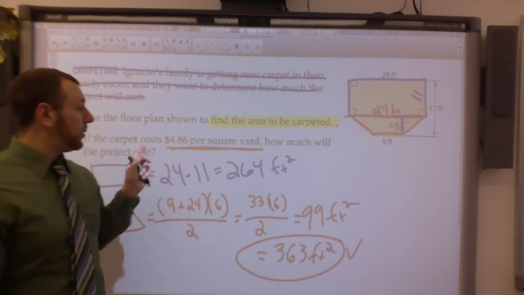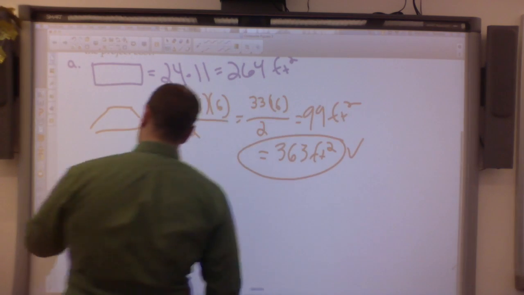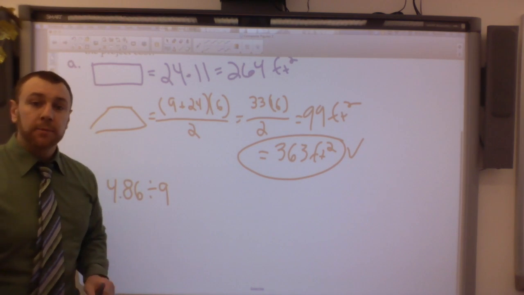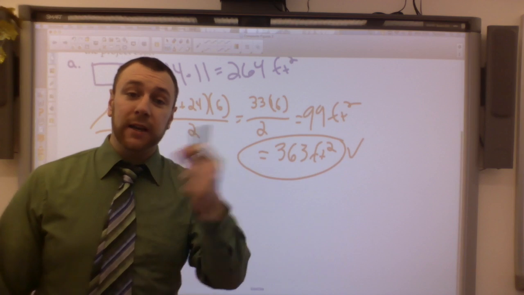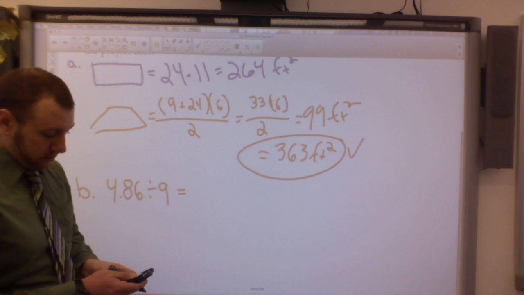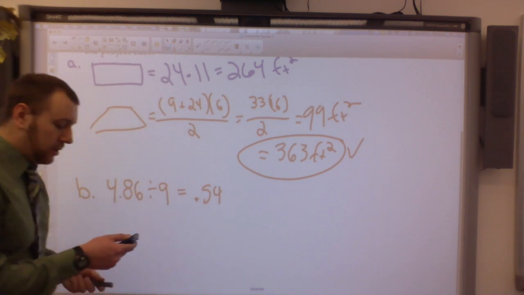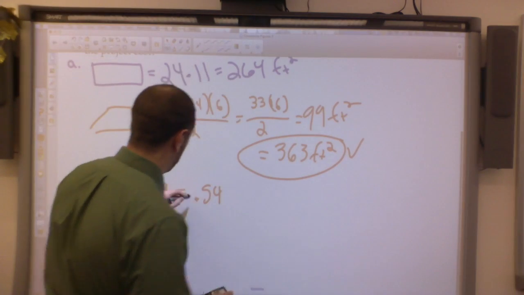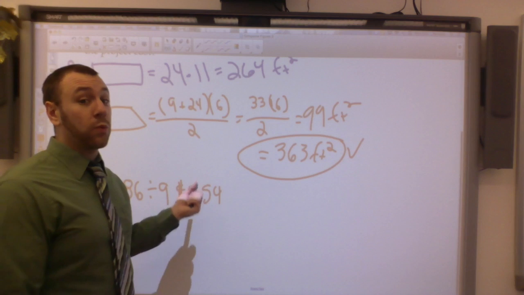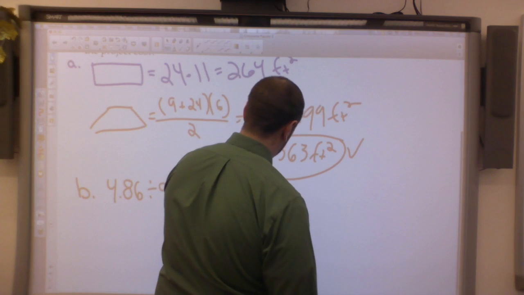So to figure out the price per square foot, I'm going to take that 4.86 and I'm going to divide by 9, because I know that there are 9 square feet in 1 square yard. So I'm going to do 4.86 divided by 9. My grand total is 0.54, or 54 cents per square foot. That's really cheap. Okay? Per square foot.